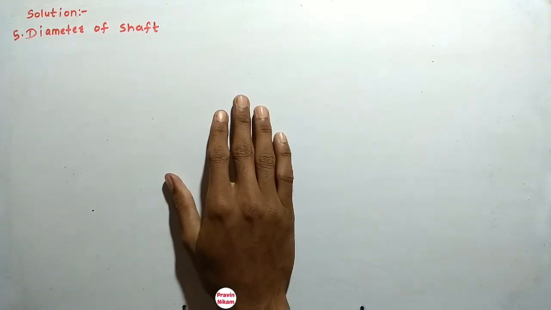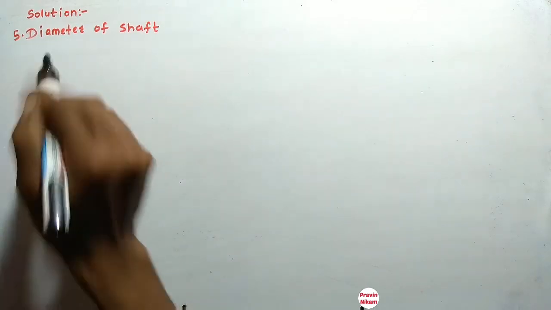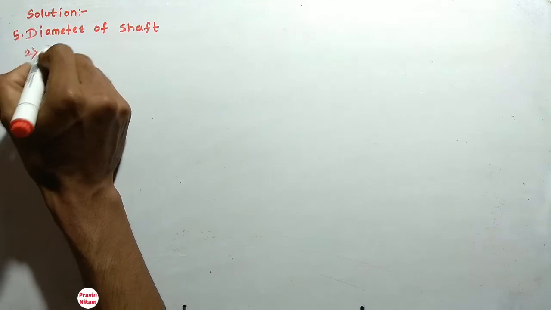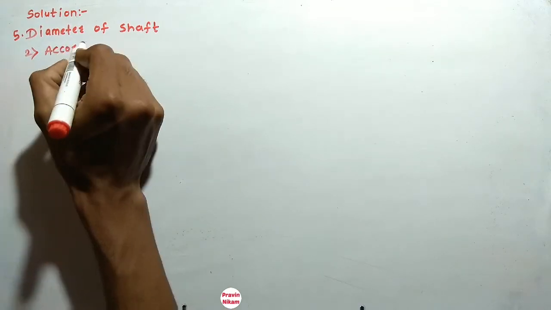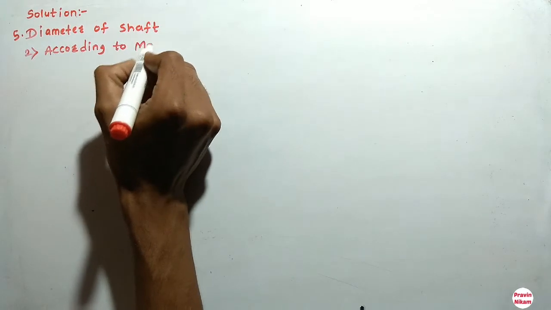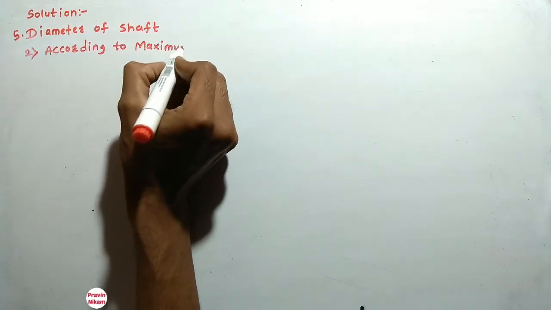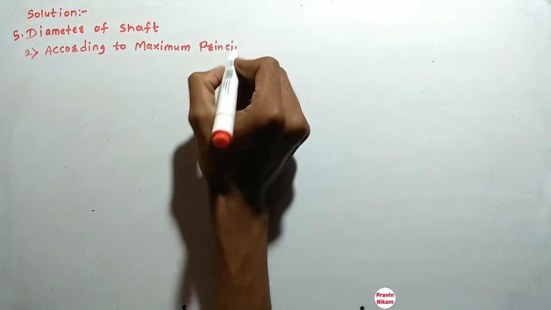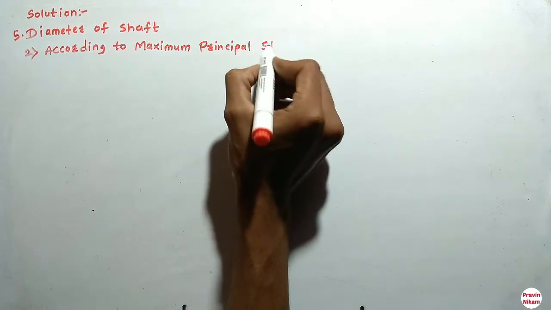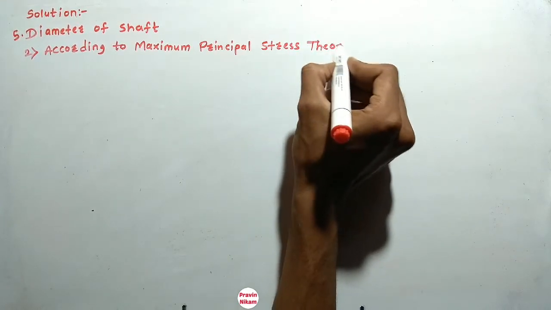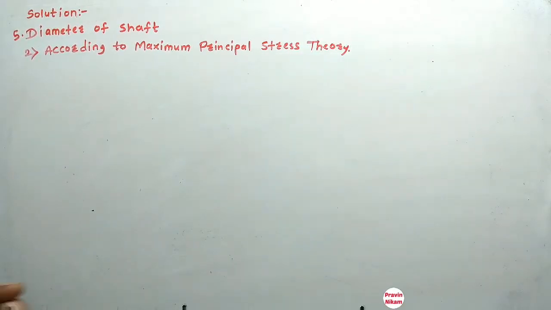Now the second method to find out the diameter of the shaft is according to maximum principal stress theory, that is Rankine's theory.